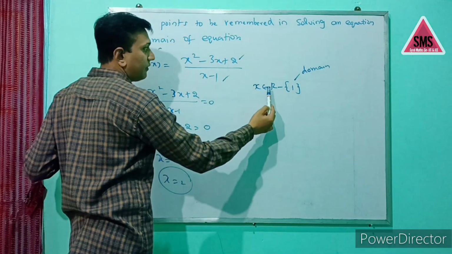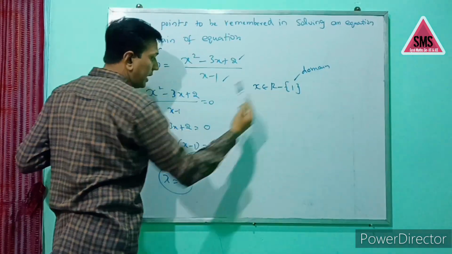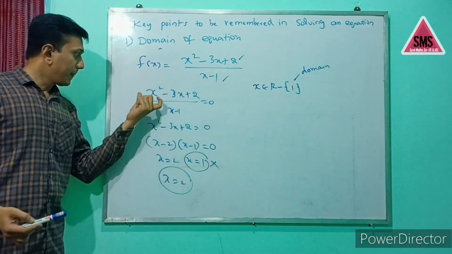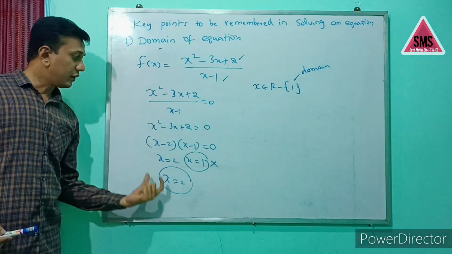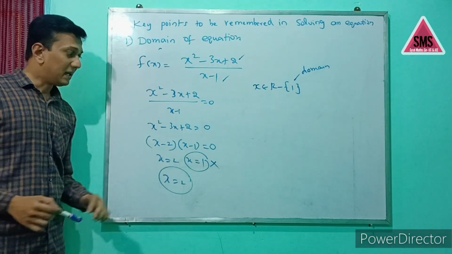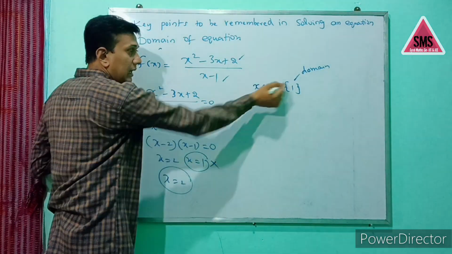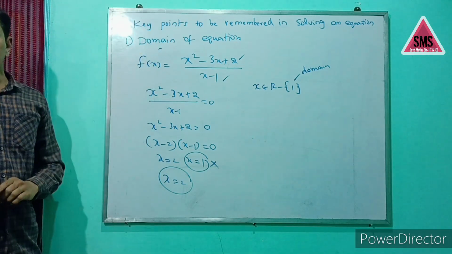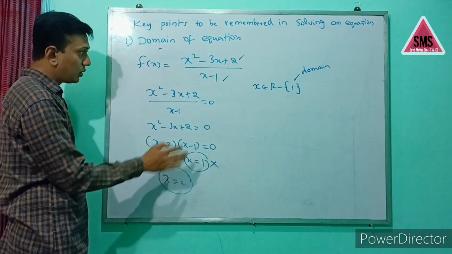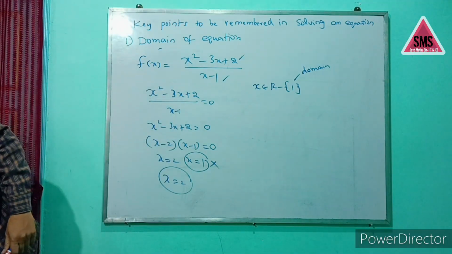I have chosen domain of x belongs to R minus 1. I have to follow the same domain. Take the same domain and solve the upper part of the equation. You are going to get these two zeros. But I should not consider x equals 1 as a zero because I have excluded it in the domain. So x equals 2 is the only solution for this equation. Let us take one more example.